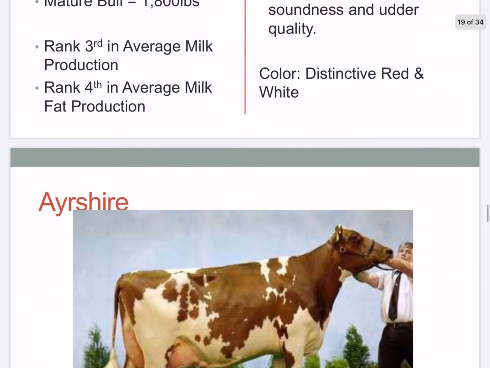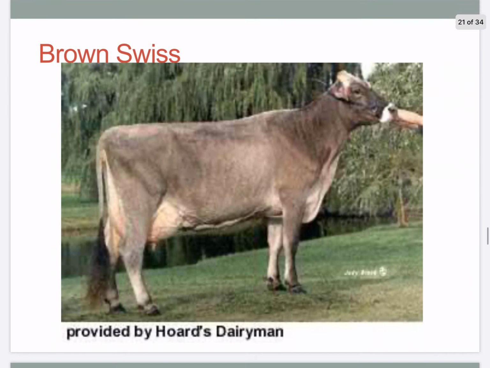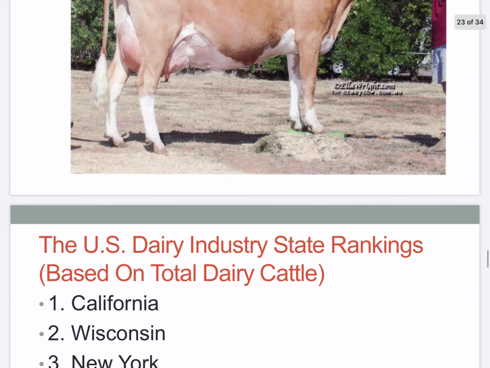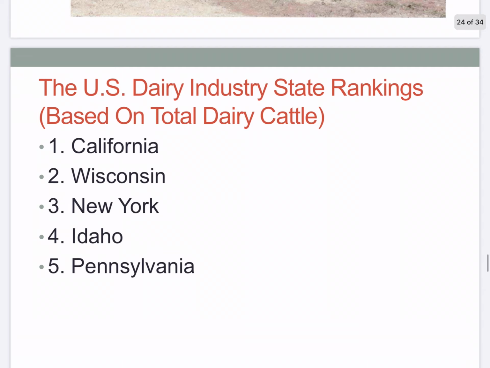Okay, so you're going to do that for each of the cows, right? Let me see, we have 1, 2, 3, 4, 5. You have 5 cows there. Underneath all the cow pictures, it says U.S. dairy industry state rankings based on total dairy cattle.